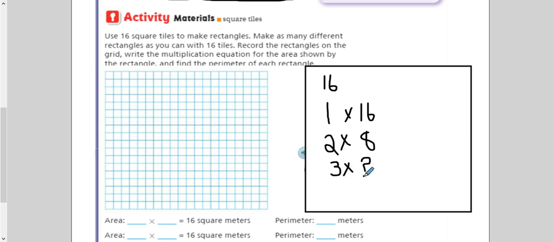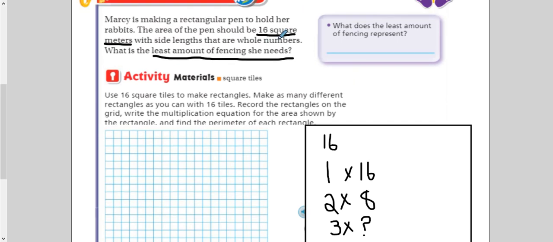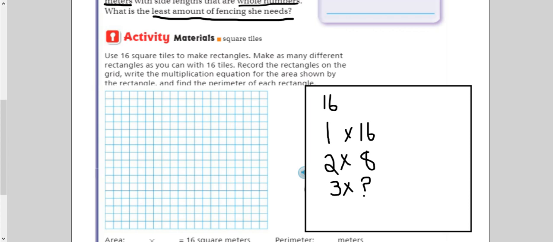There's nothing that will give us 16. And you may be thinking, oh, maybe a decimal or anything like that. Well, it needs to be a whole number. So 3 is not a factor of 16. So we'll go to the next one. 4 times 4.